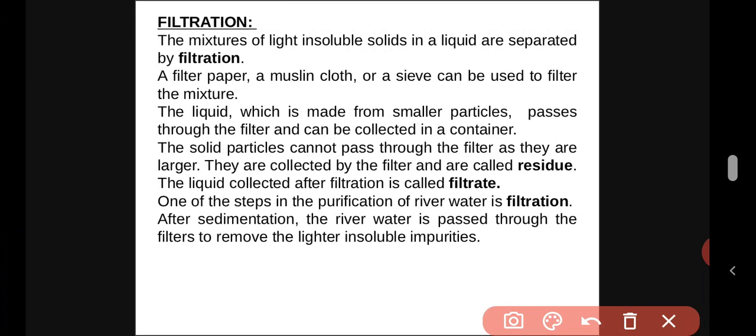The liquid, separated from the solid smaller particles, passes through the filter and can be collected in a container. If this is the science container, there's a conical flask.